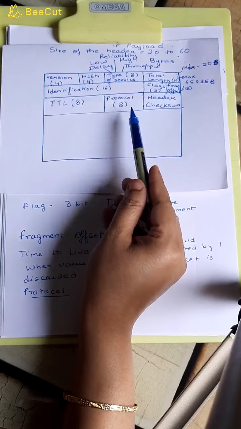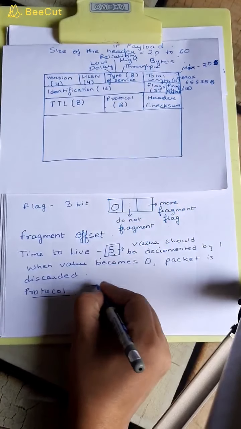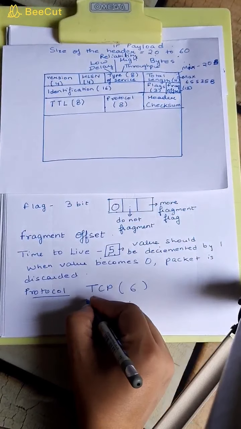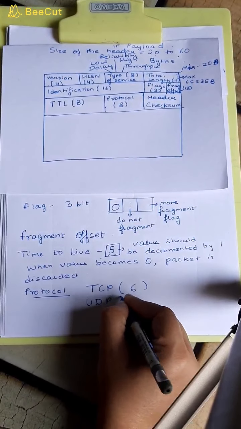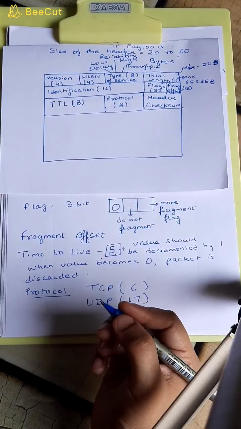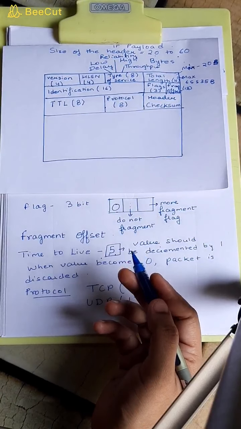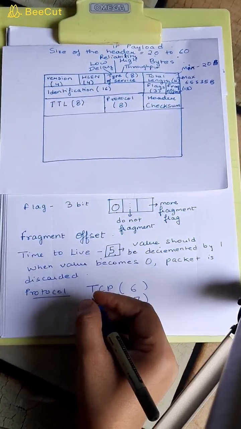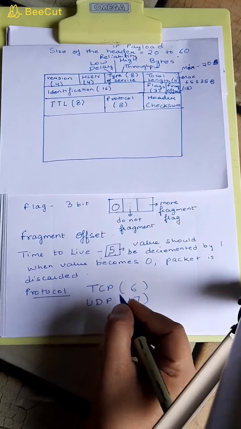Separate numbers are given: if TCP is used, then the value will be 6. If UDP is used, the value will be 17. So this protocol field tells about the next level protocol which is being used at the destination host.